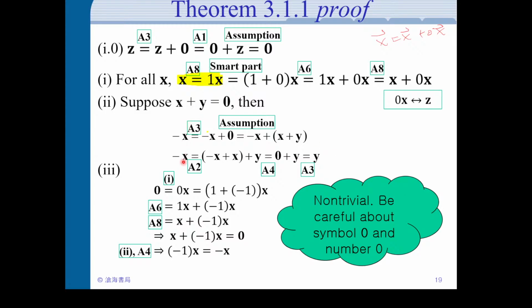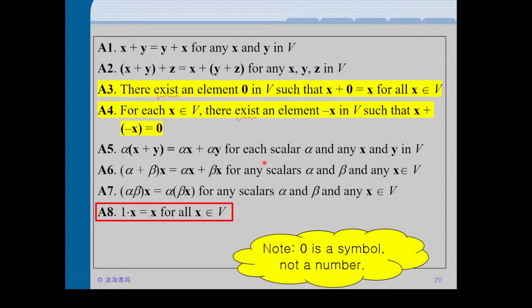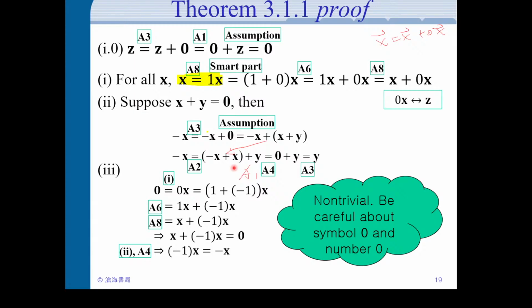We copy minus x here, and use the associative rule to go from this to this, so we have minus x plus (x plus y) going to (minus x plus x) plus y. Technically, if we are very careful, we need to use A1 again, because the minus sign is only defined on the left side, to switch minus x plus x to x plus minus x, and this becomes 0.